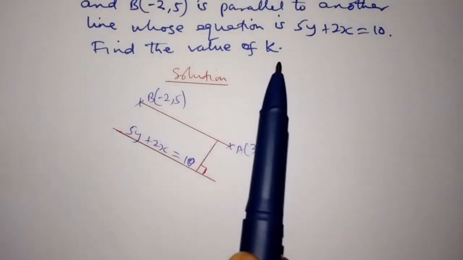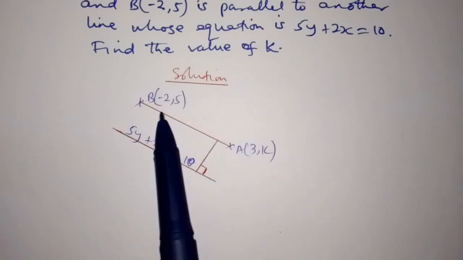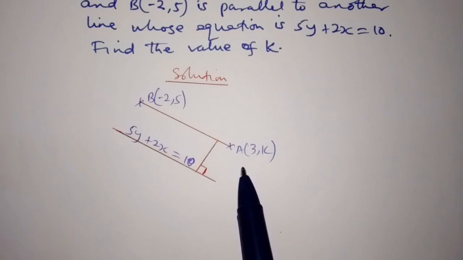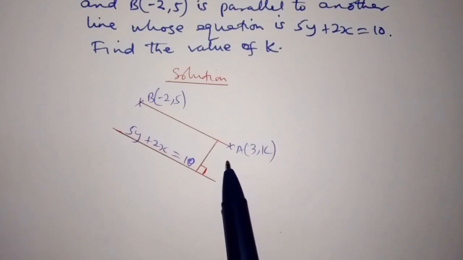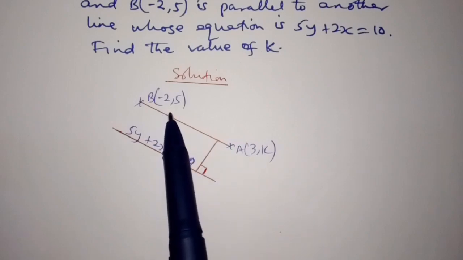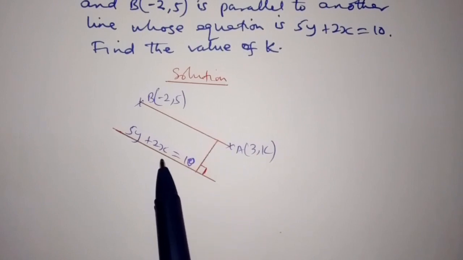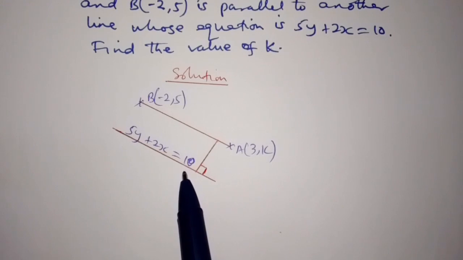The other line joins the points A, 3k, and B, -2, 5. So B is -2, 5 here. It is parallel to another line, this line, whose equation is 5y plus 2x is equal to 10. Find the value of k.